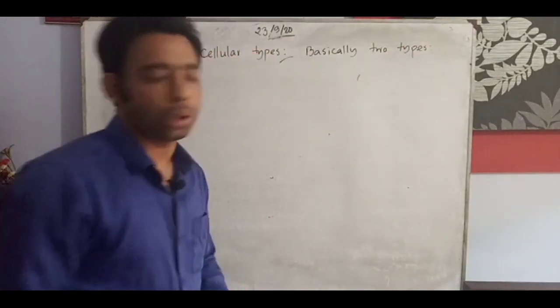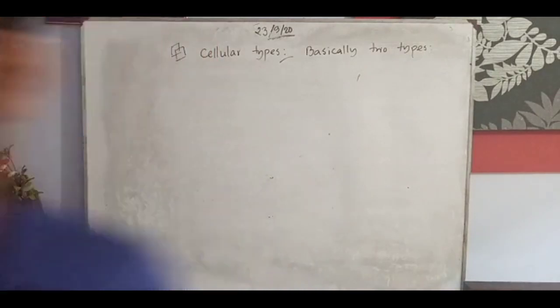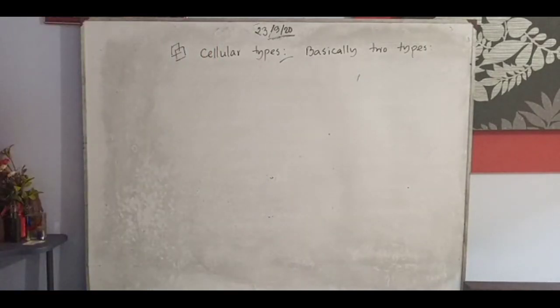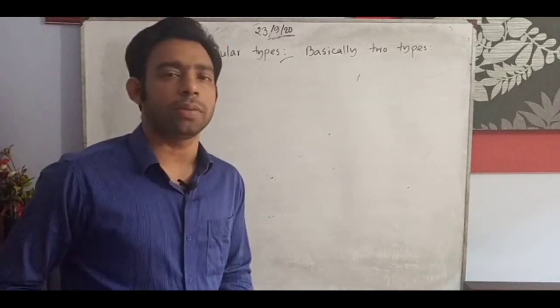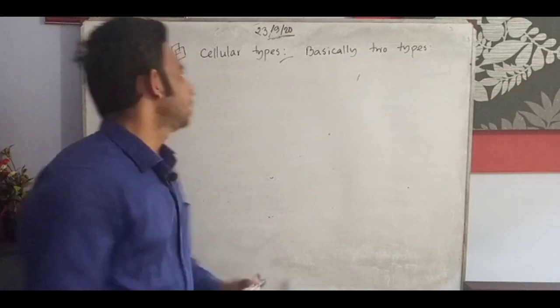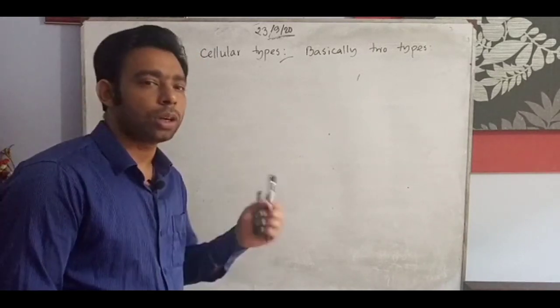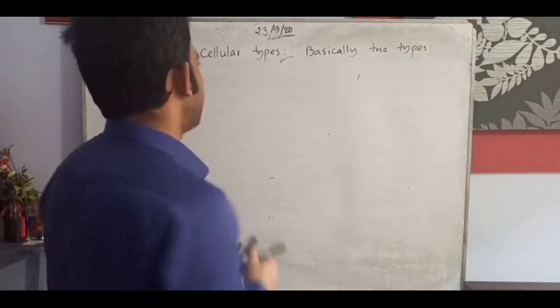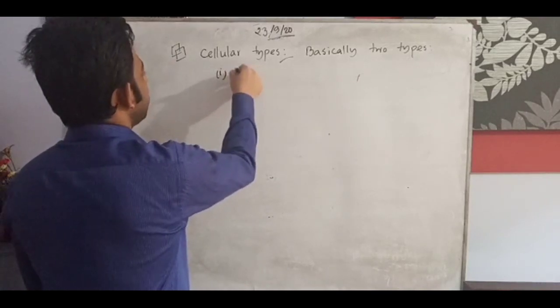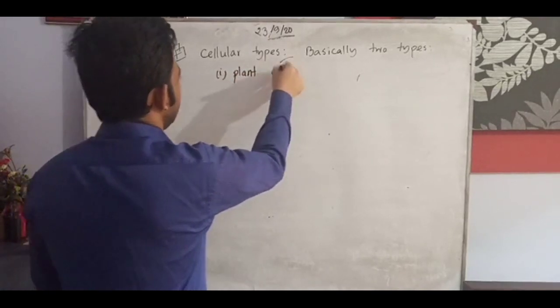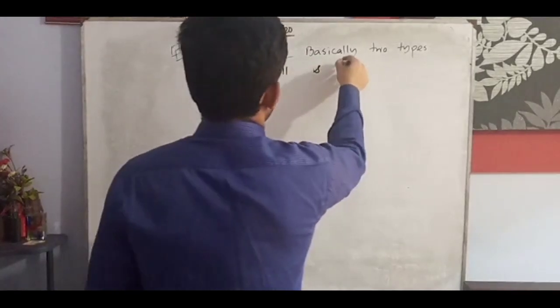One is the plant cell, another one is the animal cell. Since we try to learn the cellular types, they are the plant cell and the animal cell.